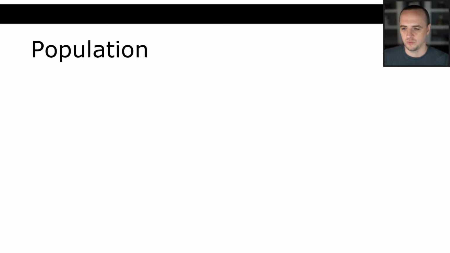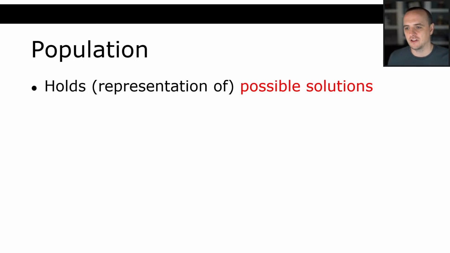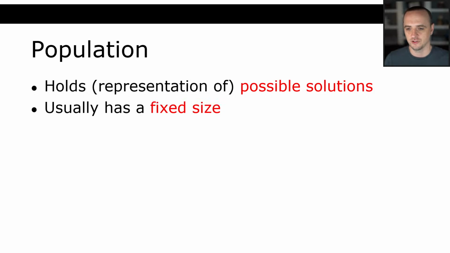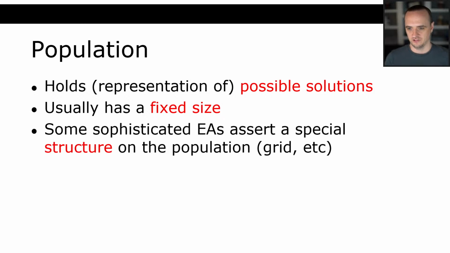The population. What is the population? The population holds a representation of all the possible solutions, and in an EA it usually has a fixed size. Some sophisticated EAs have a special structure on the population in order to do some crazy optimizations, but we're not worried about that right now.